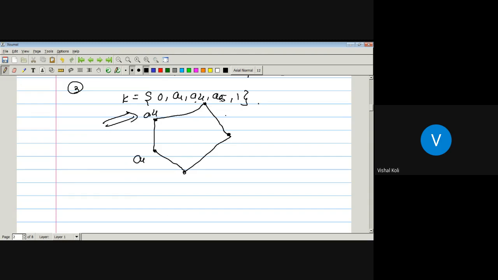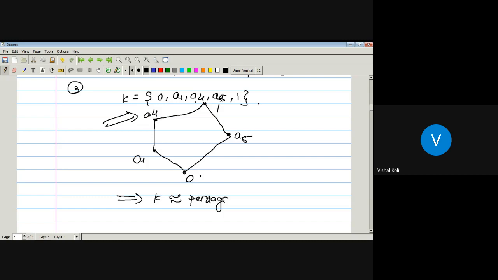And this Hasse diagram is isomorphic to which lattice? Whether it is a pentagonal or diamond. Pentagon. So here K is isomorphic to a pentagonal lattice.